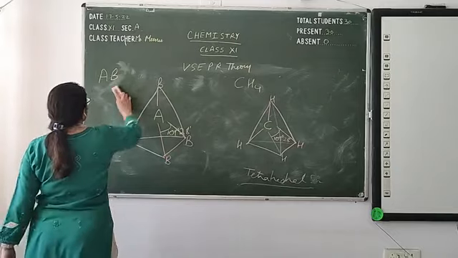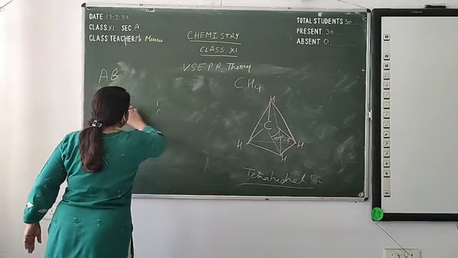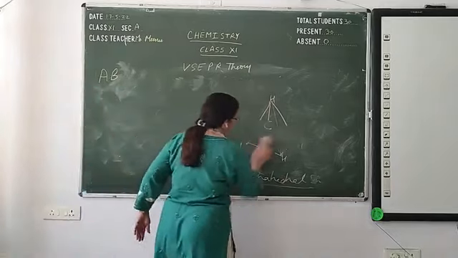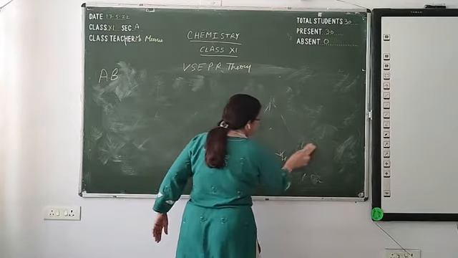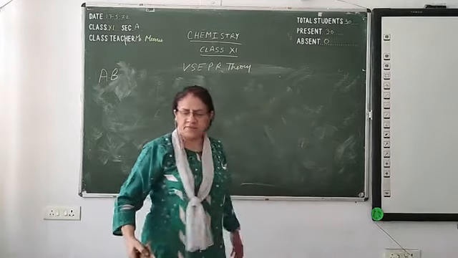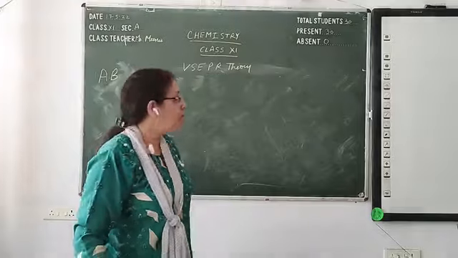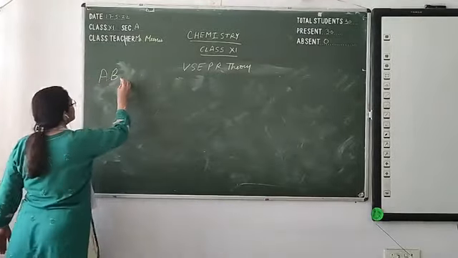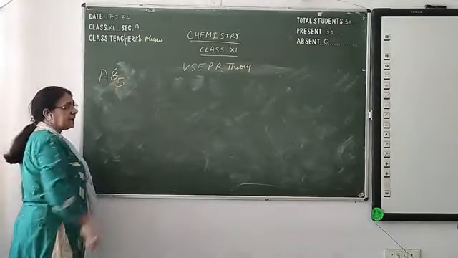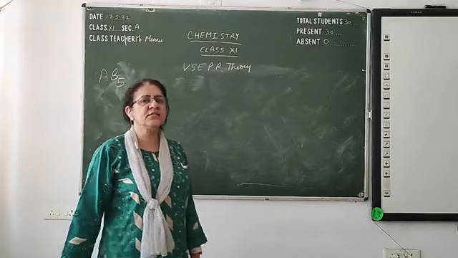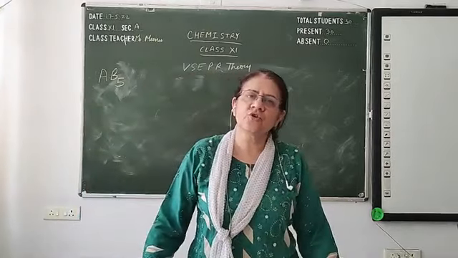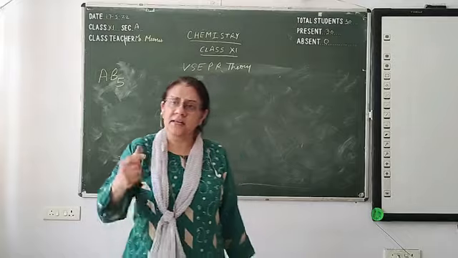Let us study further about the next type of molecular geometry, and the next type of molecular geometry is AB5. So what is the central atom in case of AB5? Correct?